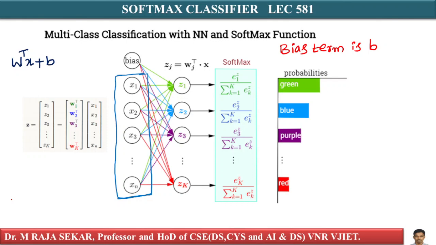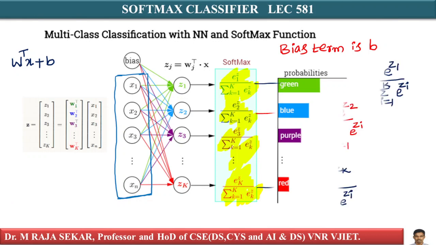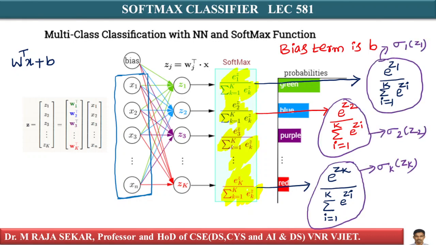sum to 1, isn't it? Just see what is the summation of all the outputs. What is the first output? Sigma 1 z1 is e power z1 by summation i equal to 1 to k e power zi.